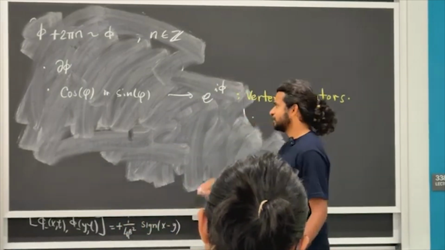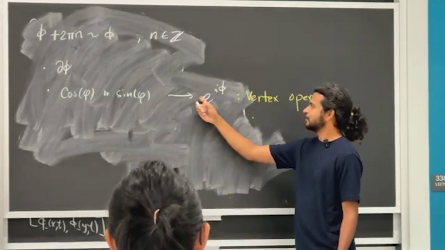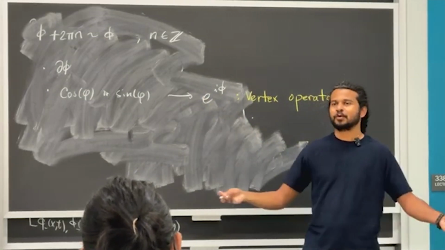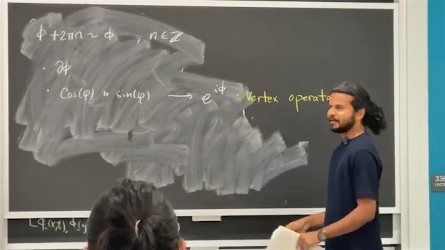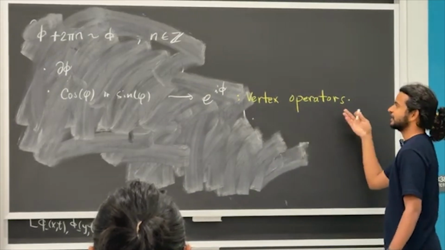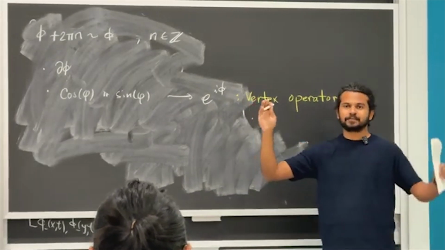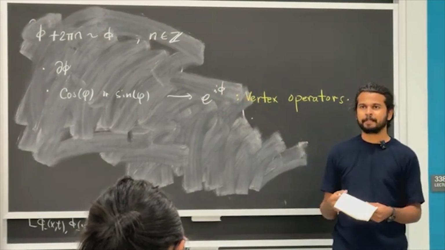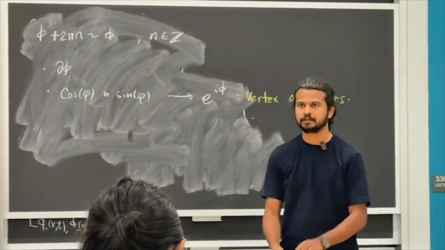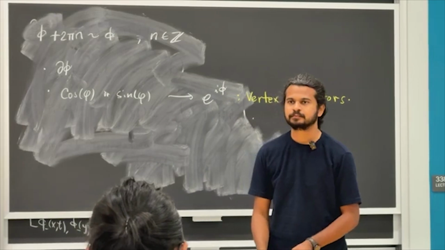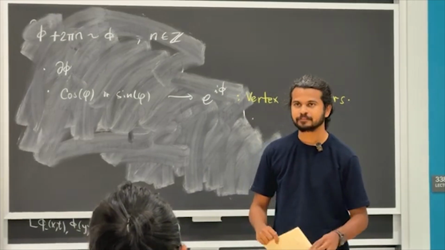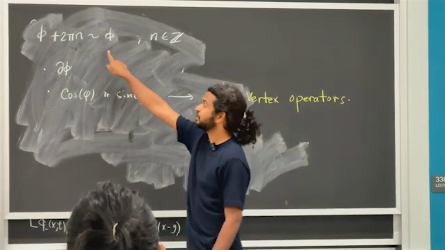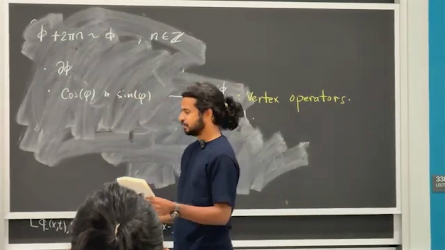So to get more, we will use these as our operators of interest. Also, for some reason, string theorists like this because e to the i phi creates asymptotic states. So the phi's that we were just working with are not well-defined operators due to this, but this is.